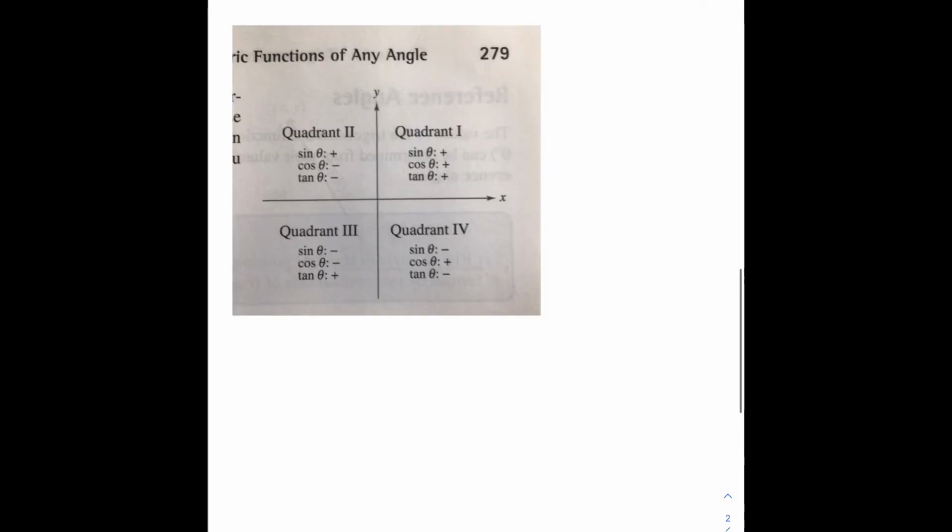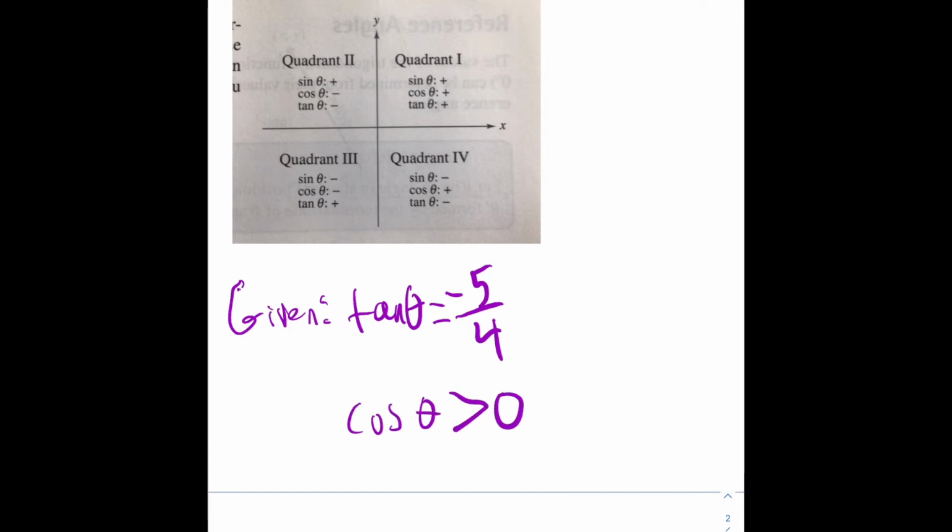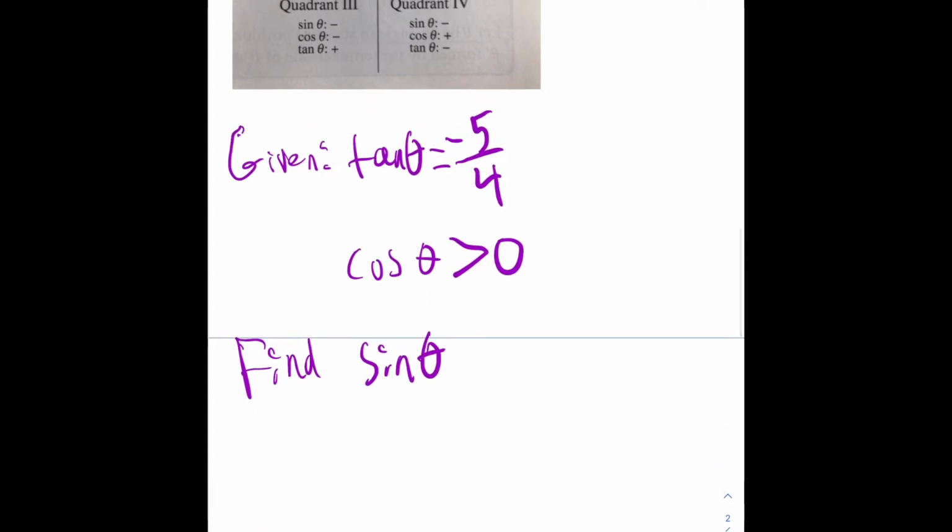So if I give you an example and say it's given that tangent of theta equals -5/4, and cosine of theta is greater than 0, I want to find sine of theta and secant of theta.